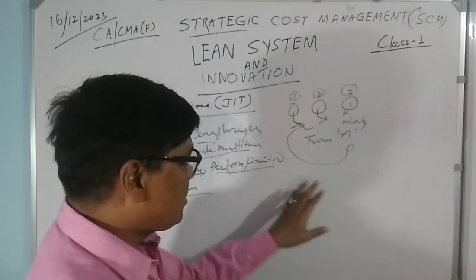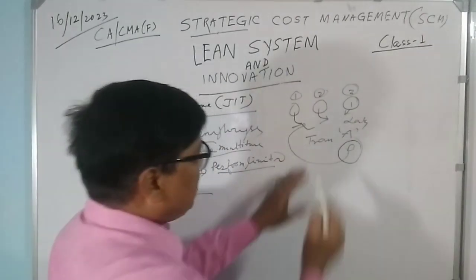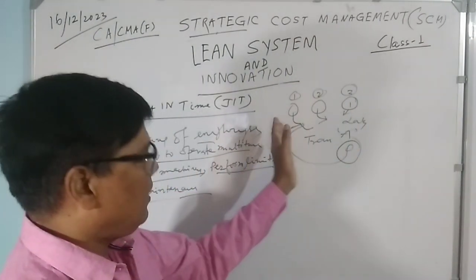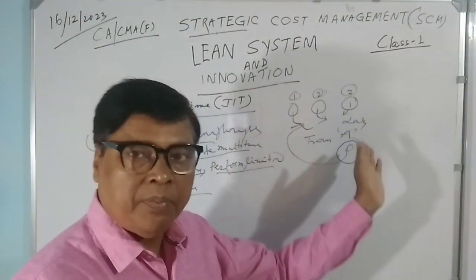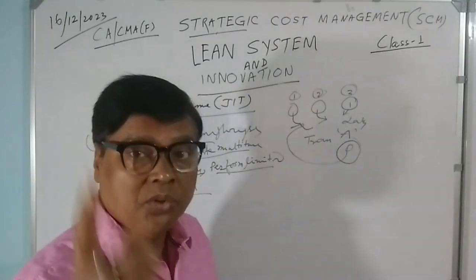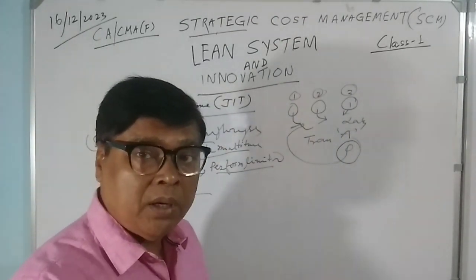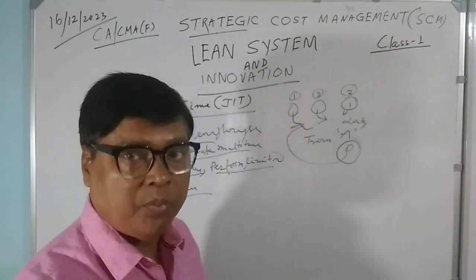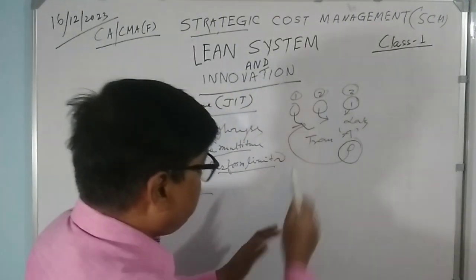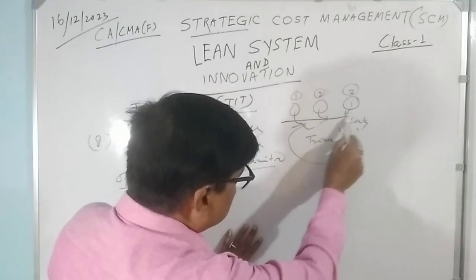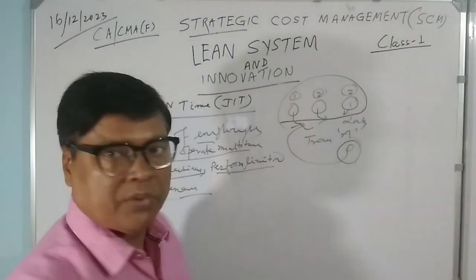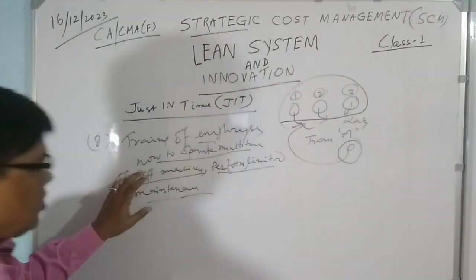Rather, you have to select a person who is habituated to handle or run 3 different types of machines. So in such a situation, what will happen? You need not replace the staff. Time gap should not be there. So one person can go through these 3 different processes. So that was the concept here.